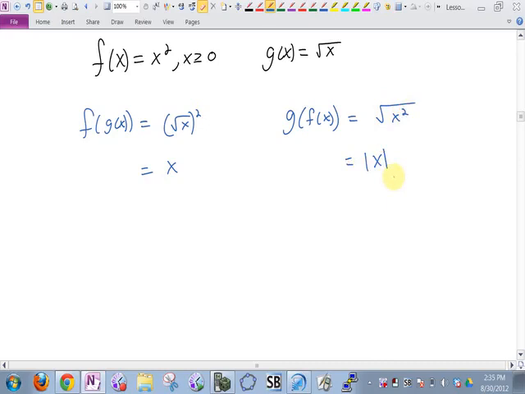So what is the absolute value of x if x is guaranteed to be not negative? It's just x. There. Those are inverses of each other. So again, something you learned in algebra 2 and was easy is actually more complicated than you thought because of what concept? Domain. Okay?